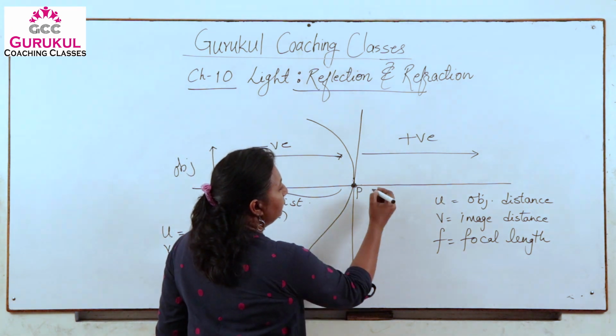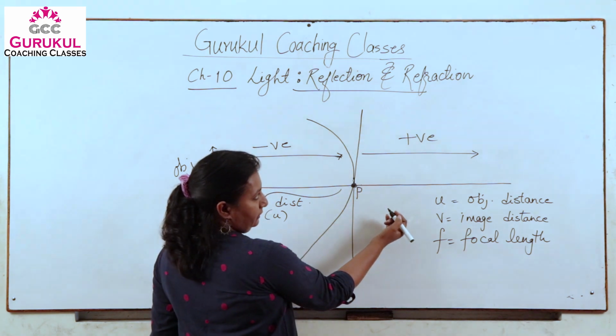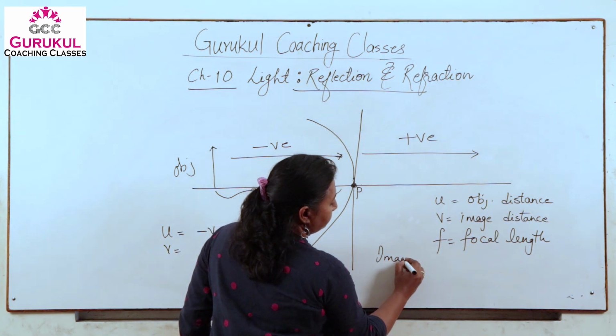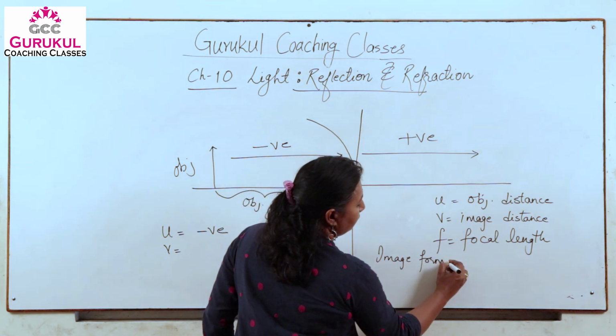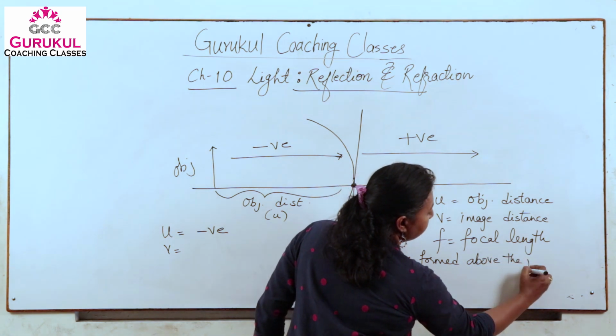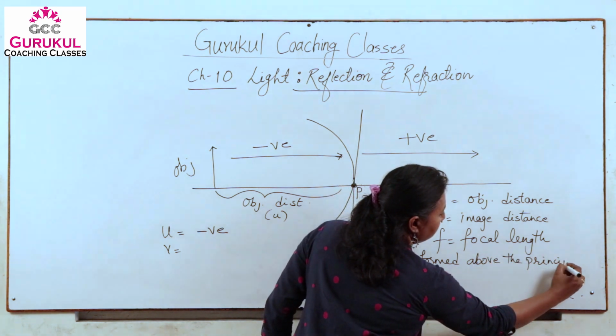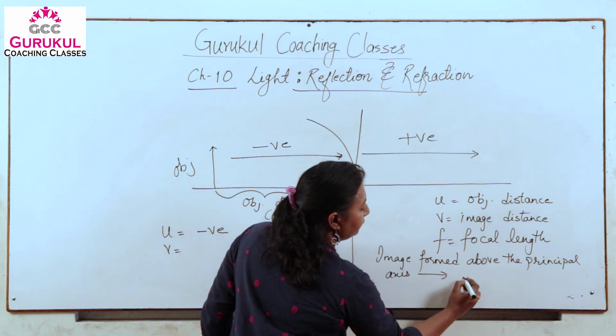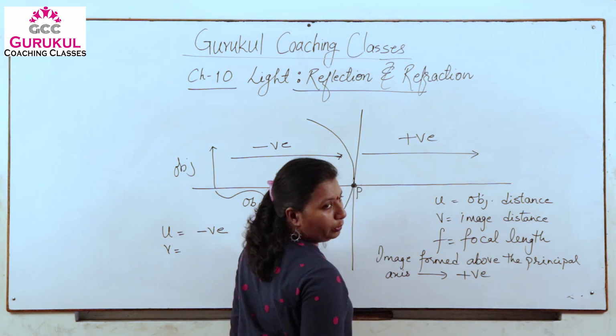Means above the principal axis, right? So an image formed above the principal axis will always be taken as positive.